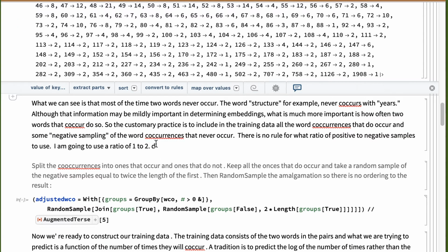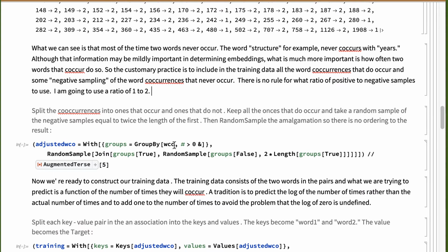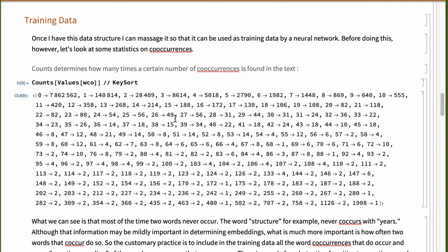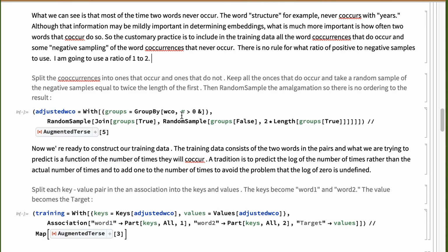So what I'm going to do is group our WCO values according to whether they're greater than 0. If they are greater than 0, then we'll keep them all. If they're 0, then I'm just going to take a sample of them equal to twice the number of occasions on which I did have an actual value.